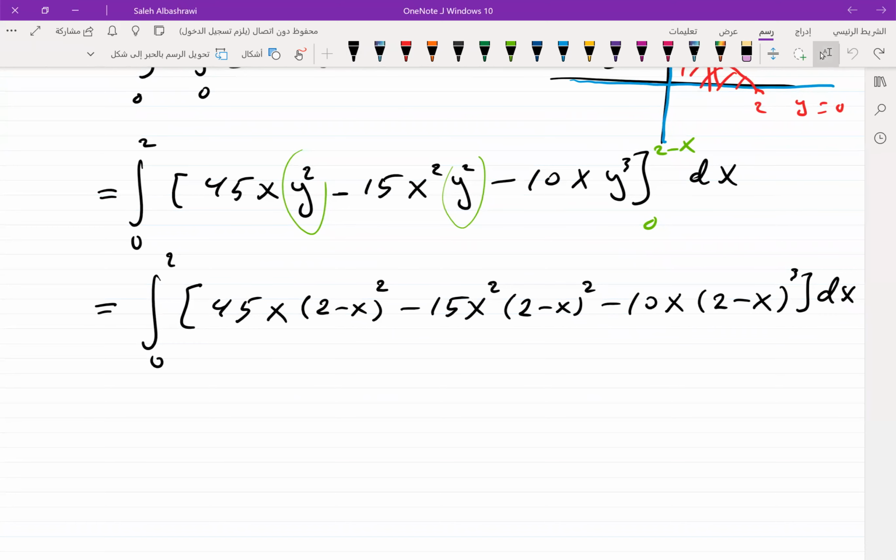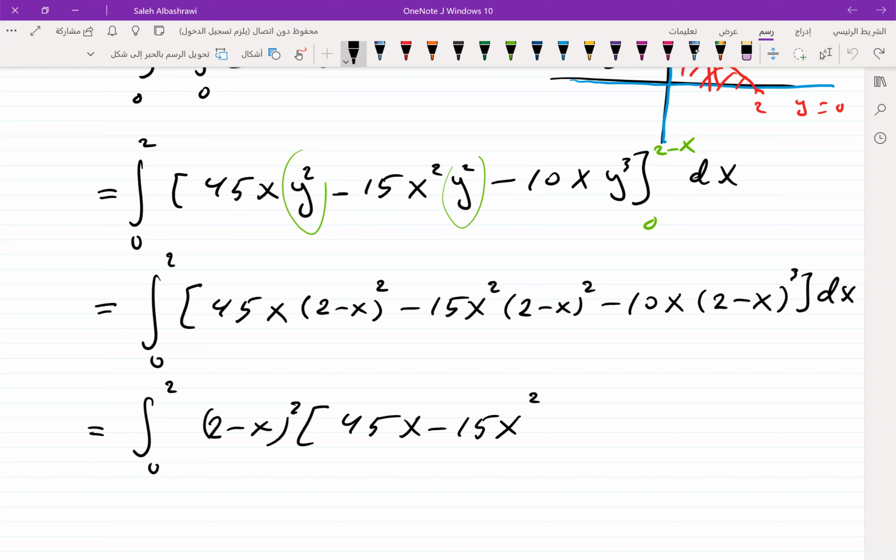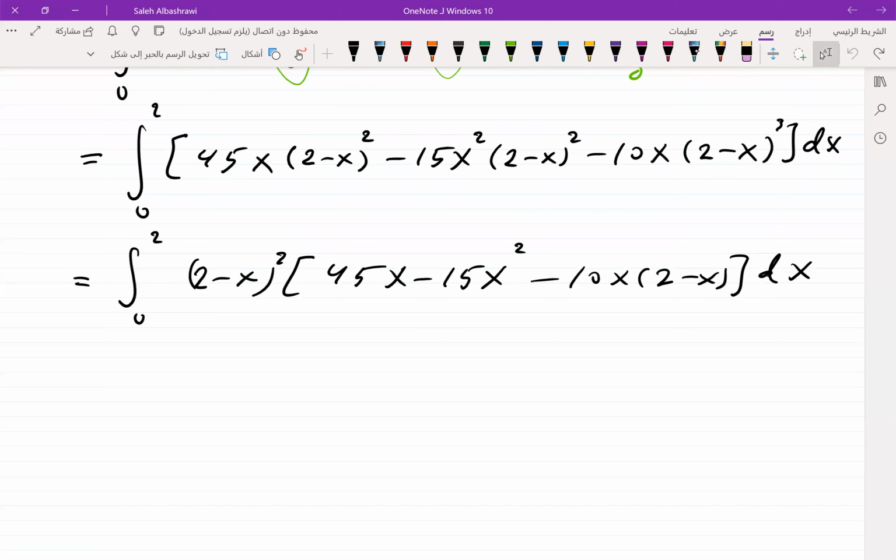This can now be simplified. I can take (2 minus x) squared as a common factor just to make it easier, then we'll multiply it. I will have 45x minus 15x squared minus 10x multiplied by (2 minus x), which is equal to 0 to 2.